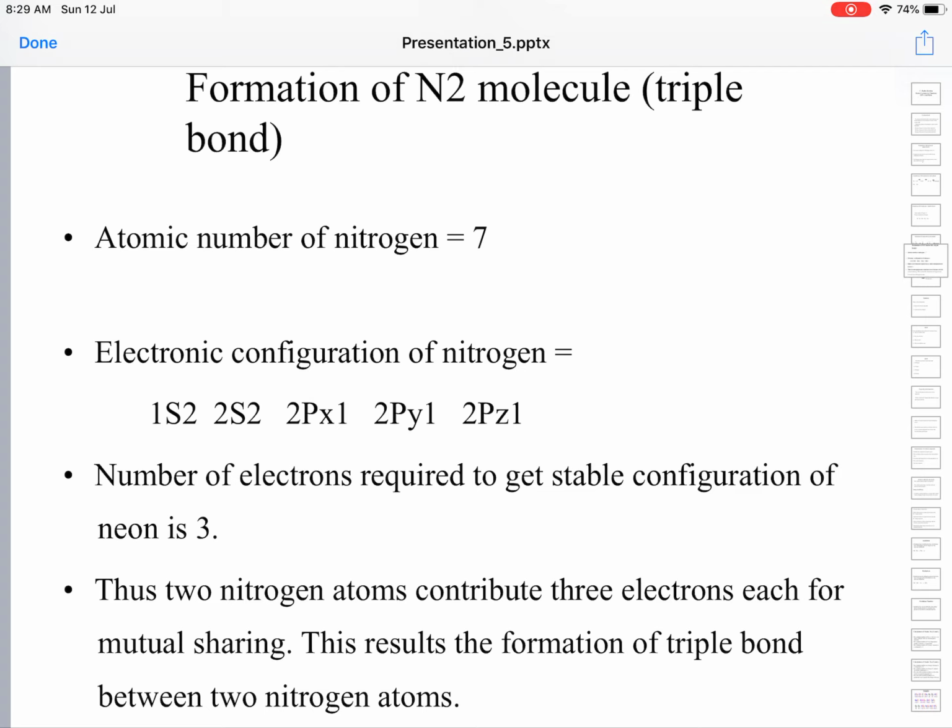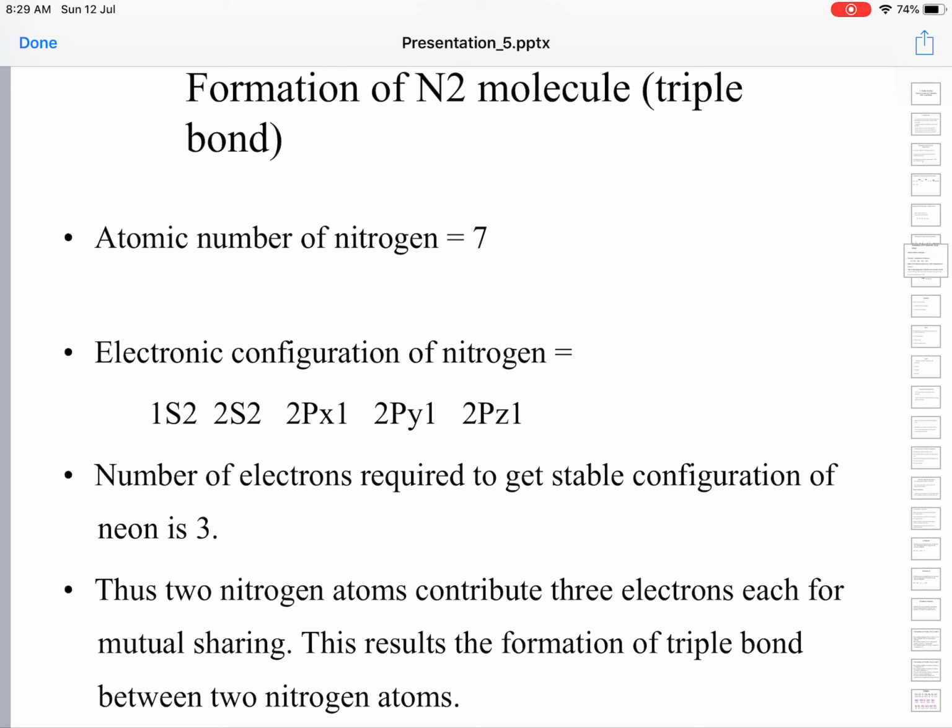Thus, 2 nitrogen atoms contribute 3 electrons each for mutual sharing. This results in the formation of a triple bond between 2 nitrogen atoms. So, here there are 3 unpaired electrons, and all 3 will participate in the chemical bonding in the formation of a nitrogen molecule, and so 3 electron pairs are shared between 2 nitrogen atoms.